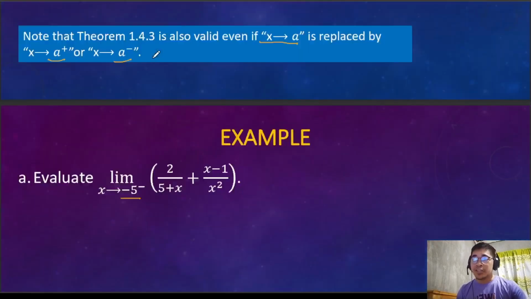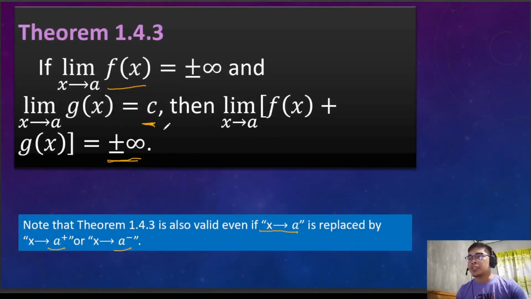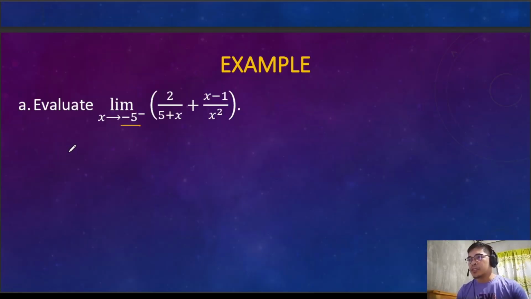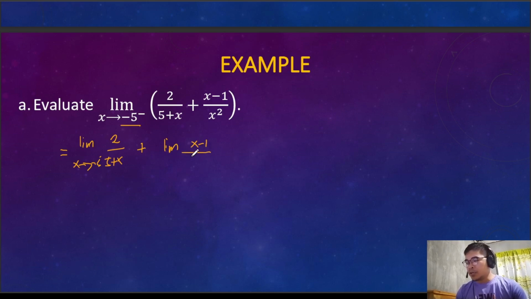Then atong i-check sa given condition. First, we have the limit of 2 over 5 plus x as x approaches negative 5 from the left plus the limit of x minus 1 over x squared as x approaches negative 5 from the left.